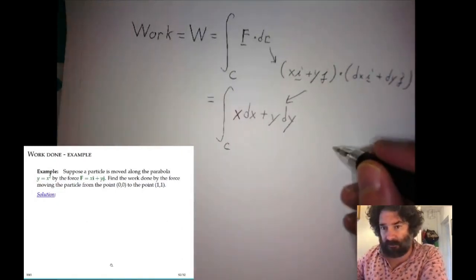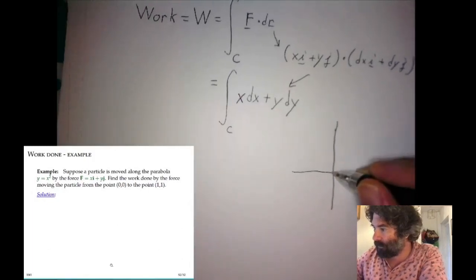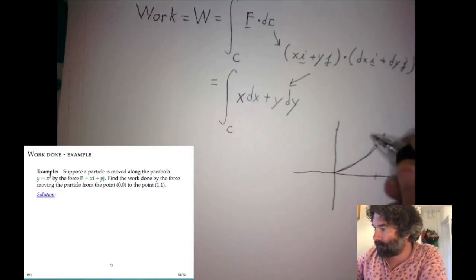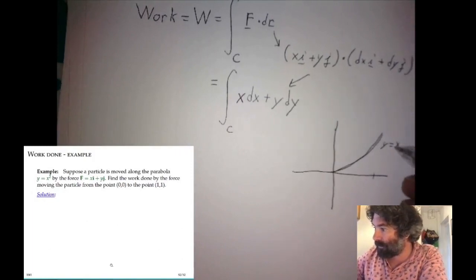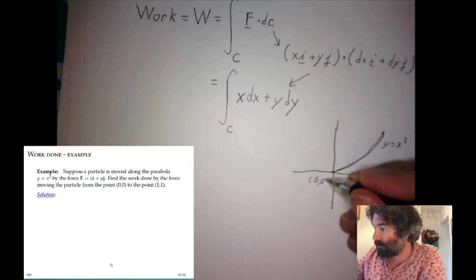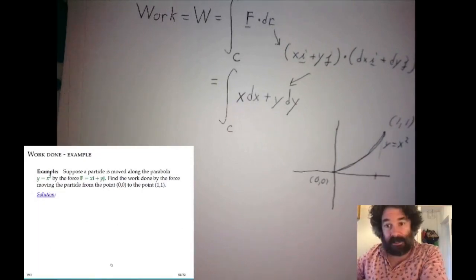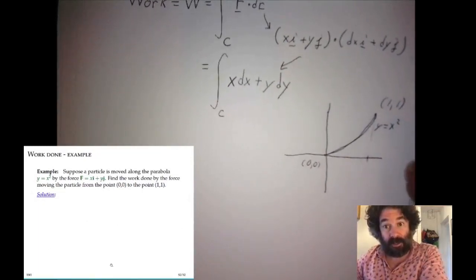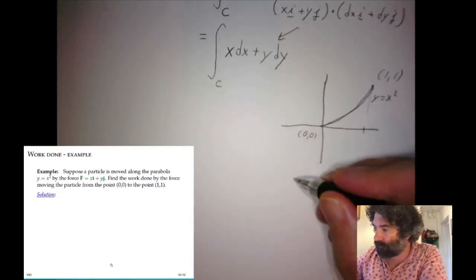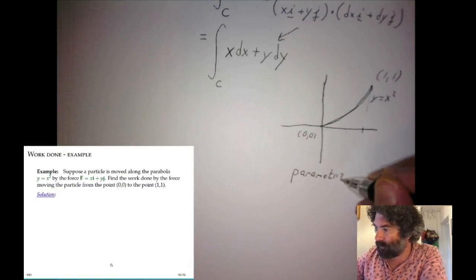The curve C is the segment of the parabola, as it says. So along this parabola, the curve is y equals x squared. It goes from the origin (0, 0) to the point (1, 1). And we can parameterize this parabola using x, as the parameter.